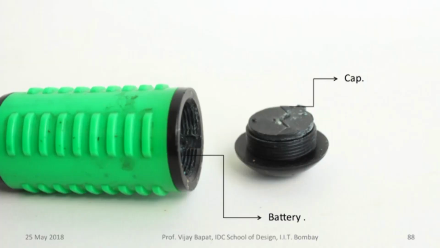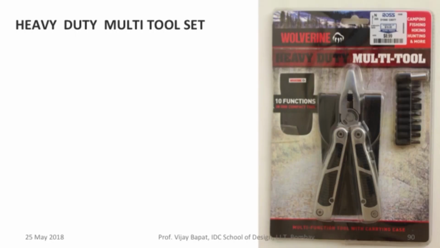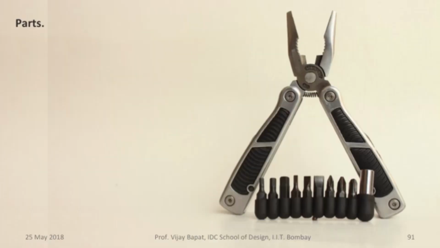There is a space provided inside the handle where you can put the batteries, and a multi-tool like a Swiss knife. So this is a screwdriver now. You can go on changing or selecting the tip you want.